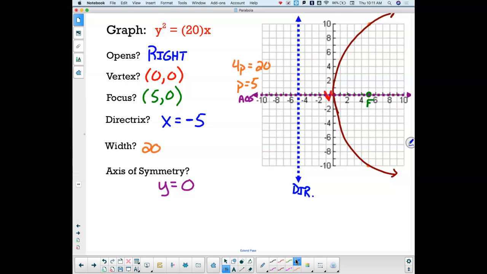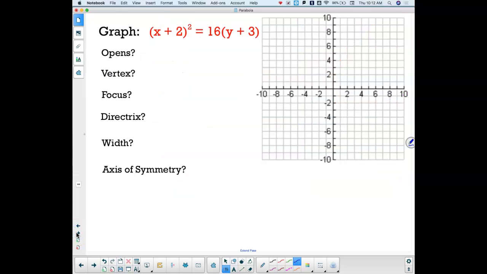What I would like you to do now is graph me this parabola. X squared with a positive coefficient, that's an up open.